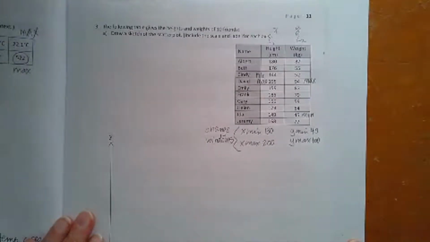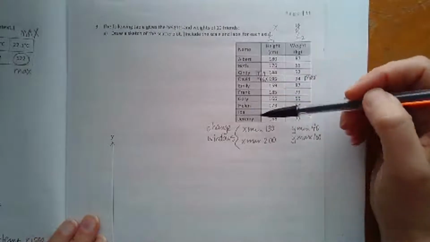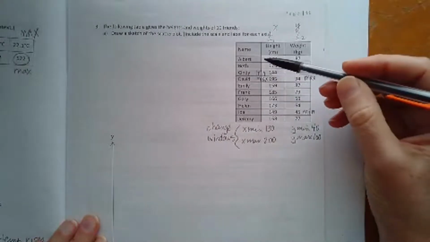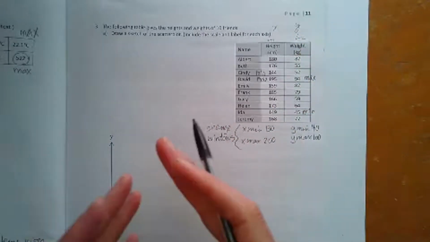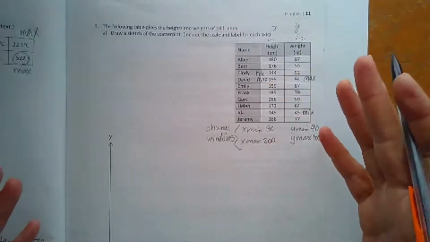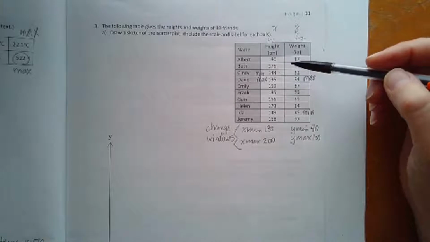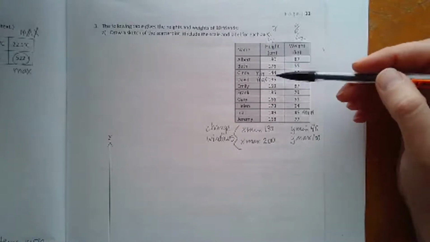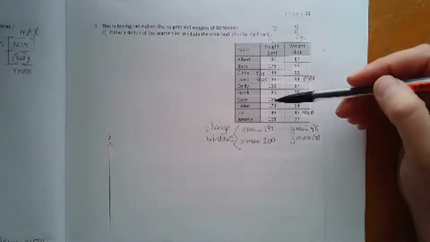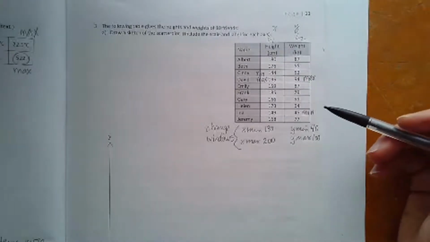Really what I'm using data and technology for is not to get information on these 10 people, but I want to take the information that I learned from these 10 people and I want to expand and come up with a general rule. Because what if someone comes into the class next or into the club next year who isn't one of these heights? I want to make a prediction about the weight.